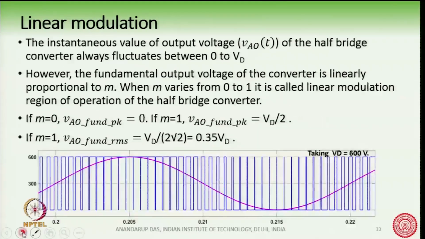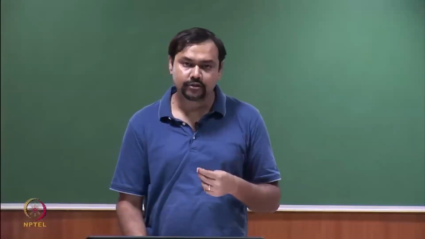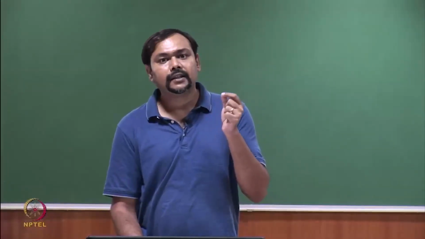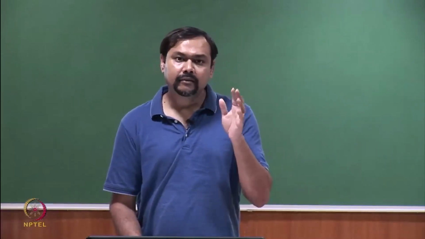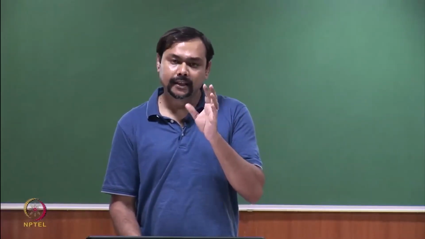Vd being a constant, the output voltage is linearly proportional to m. This is the advantage of the linear modulation, linear sine triangle PWM or linear sinusoidal PWM, that the output voltage can be controlled by varying m, and it is linearly proportional.